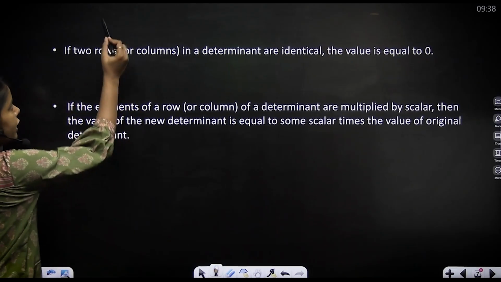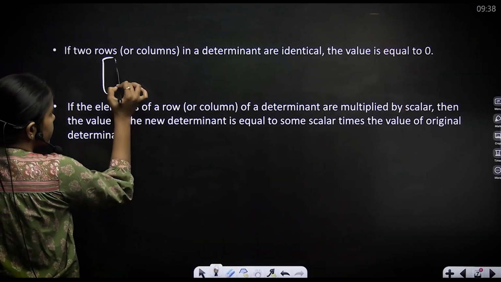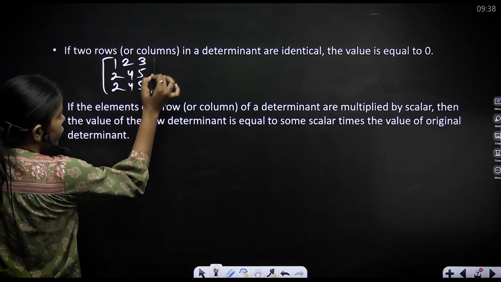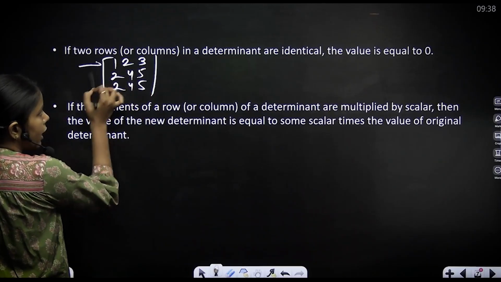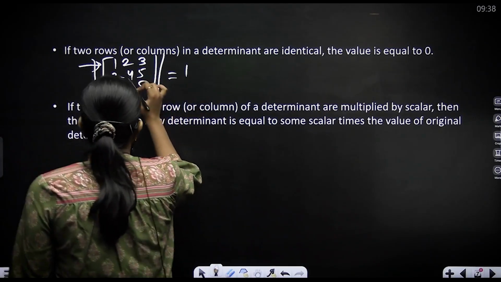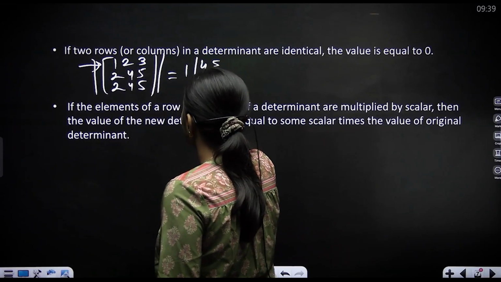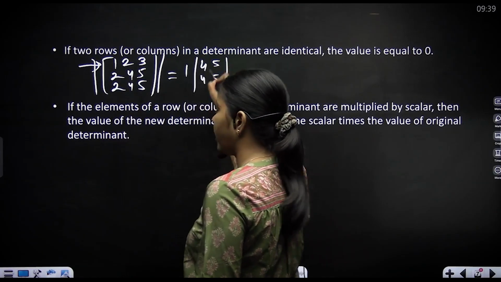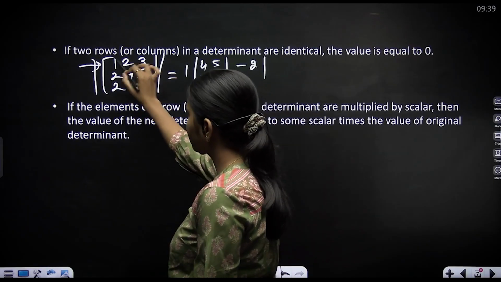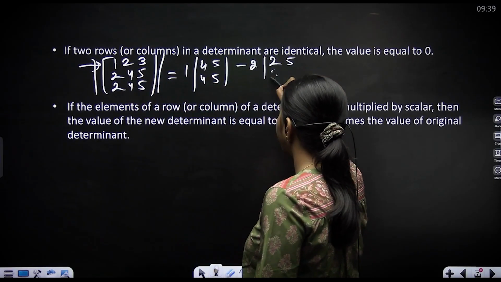Let's say I have a matrix 1, 2, 3, 2, 4, 5, 2, 4, 5. You would expand using the 1. If I expand using this 1, I have 4, 5, 4, 5. So 4 into 5 minus 4 into 5 gives me 0. Minus 2, and first row, second column, 2, 5, 2, 5.